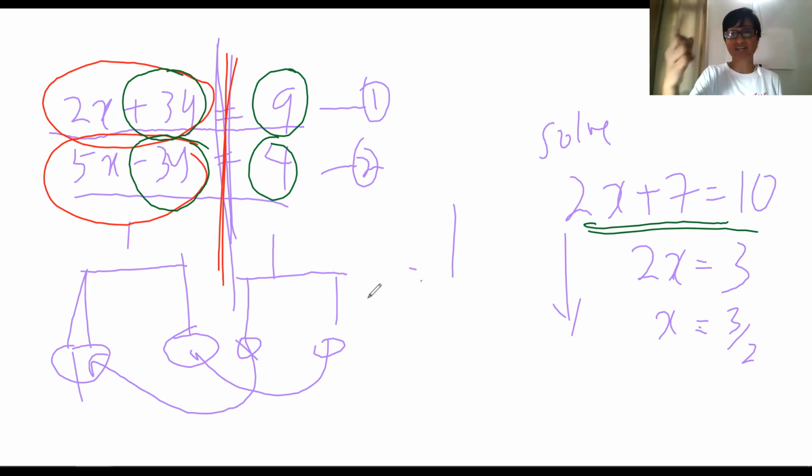If you have the same y term, you subtract them to get rid of them. The purpose is to get rid of one of the variables. And if you don't have the same variable, that's when you multiply one of the equations to make that term the same. Did I answer your question?